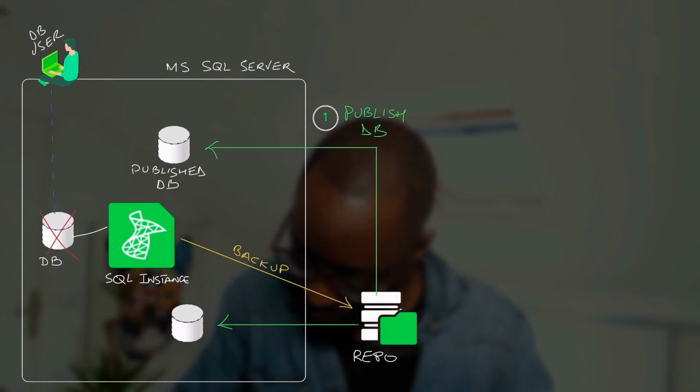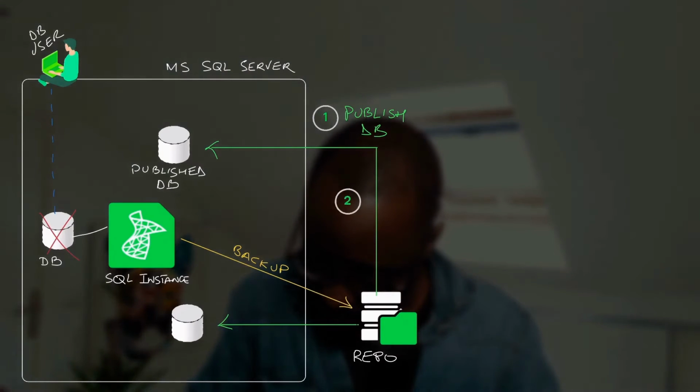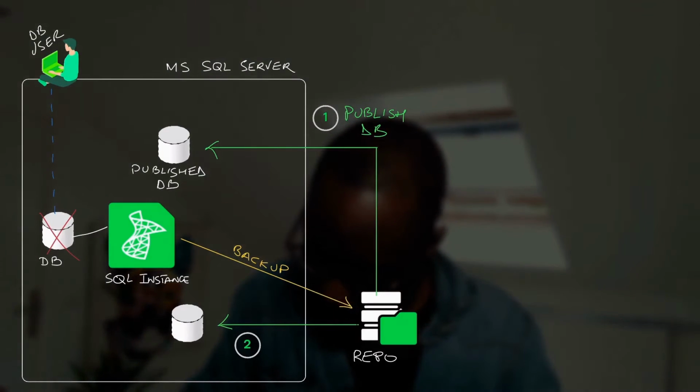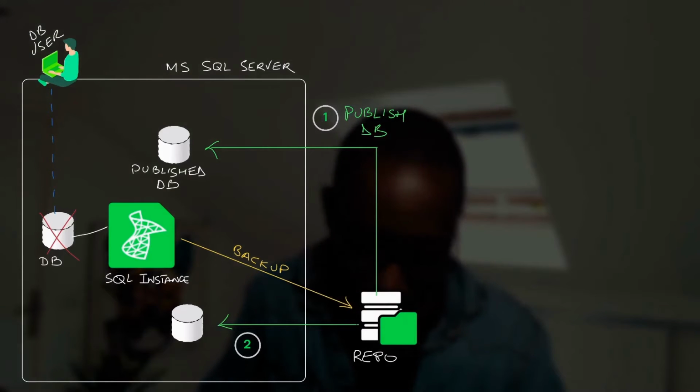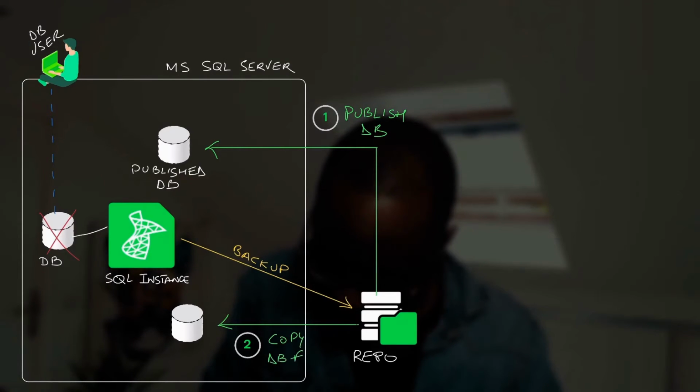This second step, which I will represent here, involves copying the data files and the database. Additionally, this process includes several important sub-steps that ensure the integrity and accuracy of the data being copied. These sub-steps are crucial for the successful creation of the database.